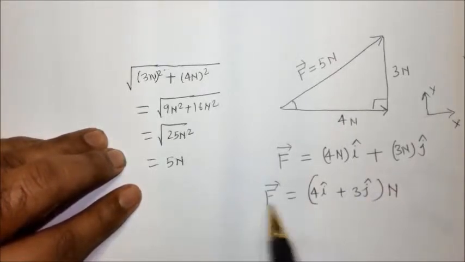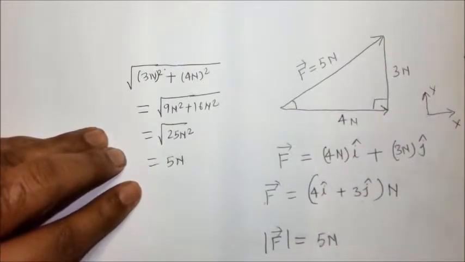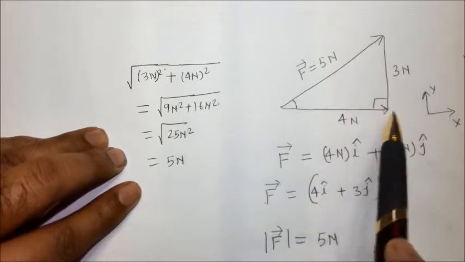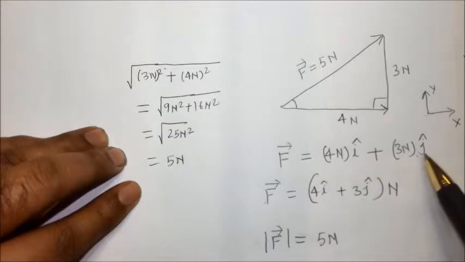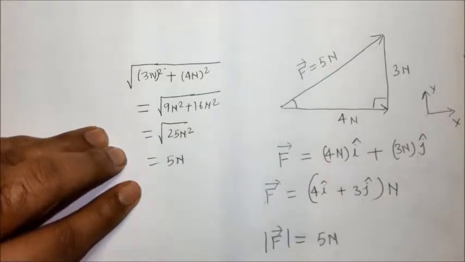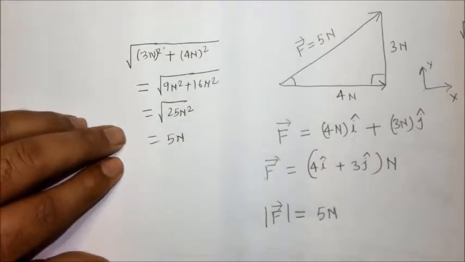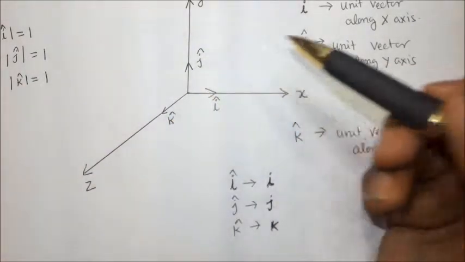So you can express a vector in its components, and magnitude of F you can calculate, it is going to be 5 Newton. You can express the components of vectors in terms of unit vectors. They simply tell that this component is along x-axis, this component is along y-axis. So once again, I cap, J cap, K cap are unit vectors along x-axis, y-axis and z-axis.